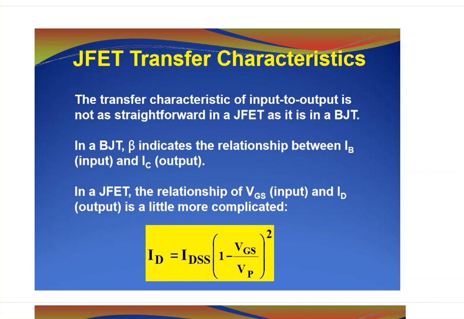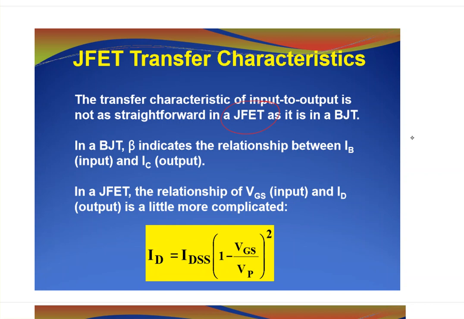In the JFET transistor, it's a little bit more involved. If you remember, in the BJT, the relationship between the input current IB and the output current IC was so simple.